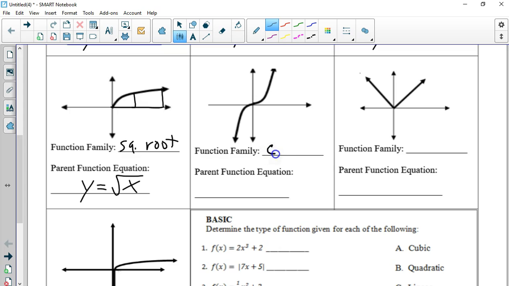Our snake, that's our cubic function. And that is y equals x cubed, x to the third power. So again, we have 1 equals 1, but now 2 shoots all the way up to 8.